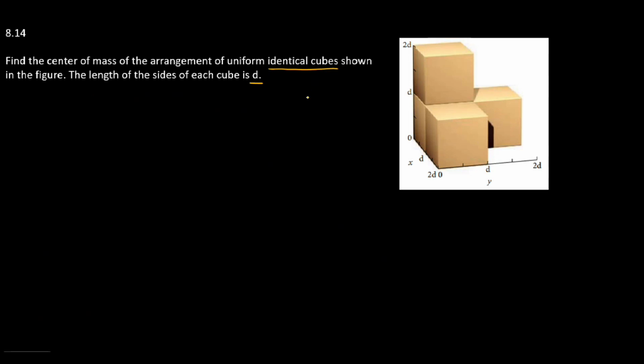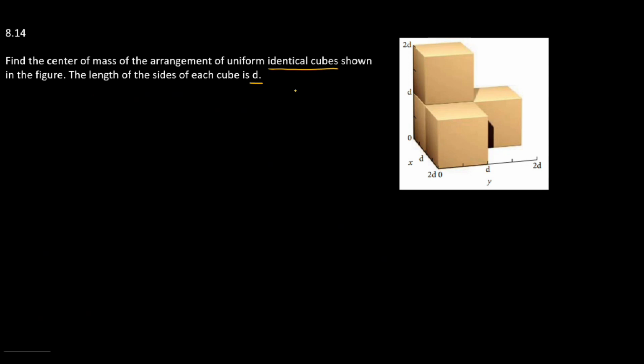If you want to find the center of mass of the arrangement, we first need to know the position of the center of mass for each of the cubes. Now, cubes are symmetrical objects and here they have uniform mass density.